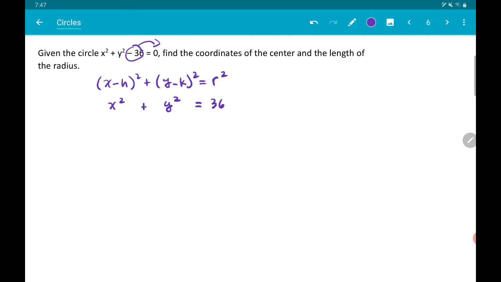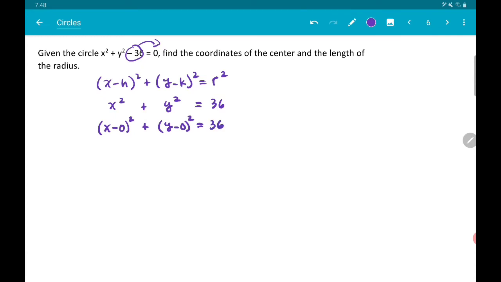But look at this equation, we can actually rewrite it. x squared actually is (x minus 0) squared, plus y squared actually is (y minus 0) squared, is equal to, well, r squared is equal to 36.